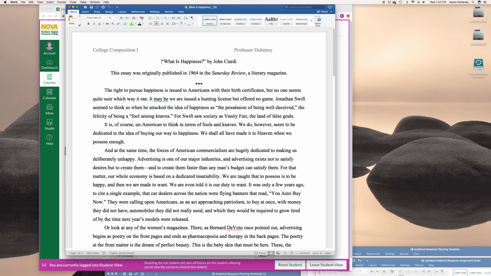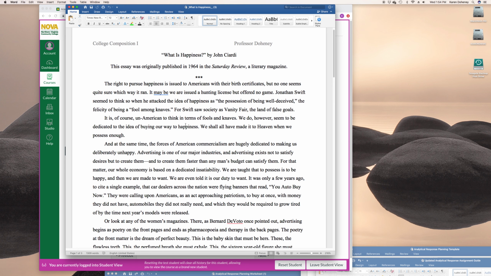So that's what they mean by offered no game. So you get the hunting license, but you don't necessarily get the deer or the pheasant, just because you have the hunting license, if that makes sense. All right, so we're not going to worry too much more about this paragraph.